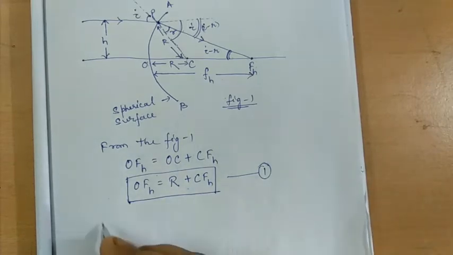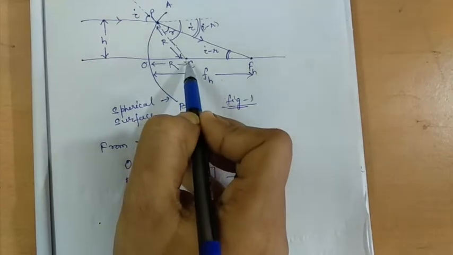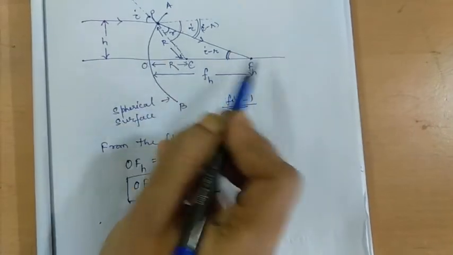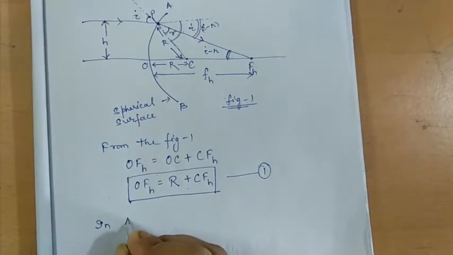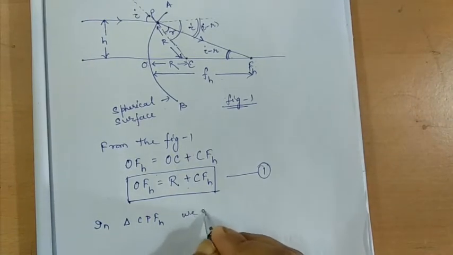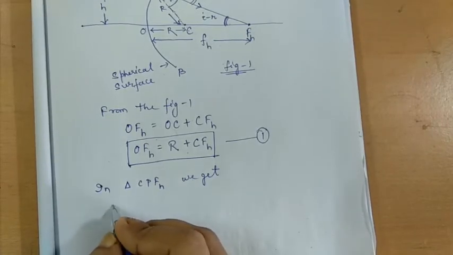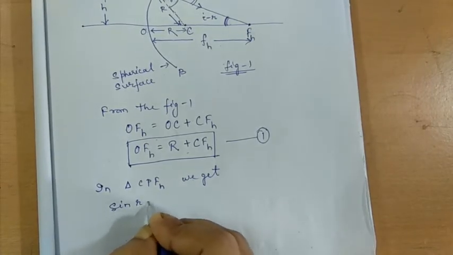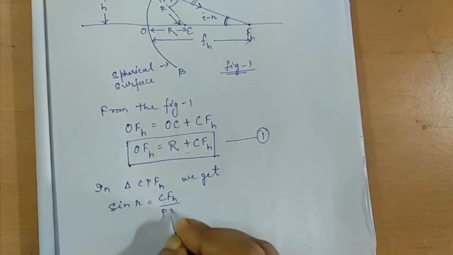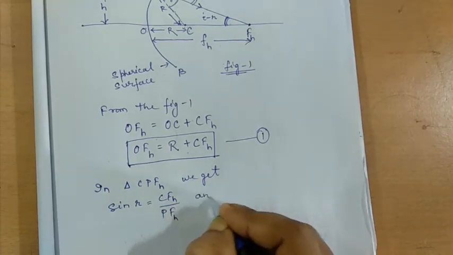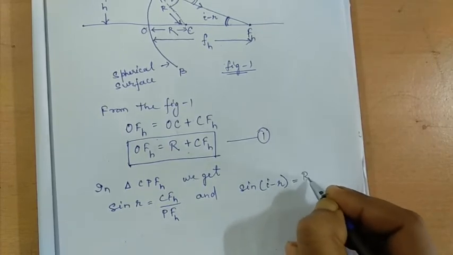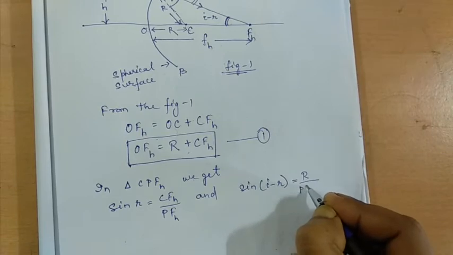Now consider triangle CPFH. In triangle CPFH, we can write that sin R is equal to CFH by PFH, and again sin(I minus R) is equal to R by PFH.